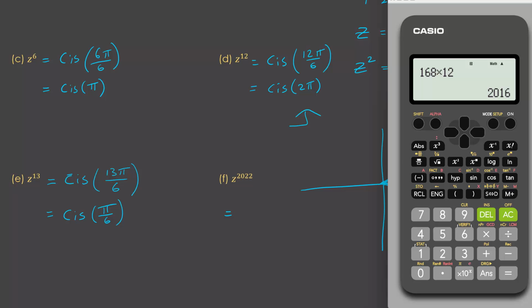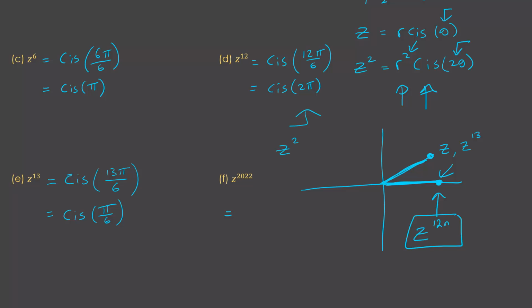So we've got z to the 2022, but we know z to the 2016 is going to be equal to cis 0. It's just going to be 1. So z to the 2022 is going to be the same as z to the power 6. That's just your 2022 take away 2016. And z to the 6 we already established was cis pi, which is -1.